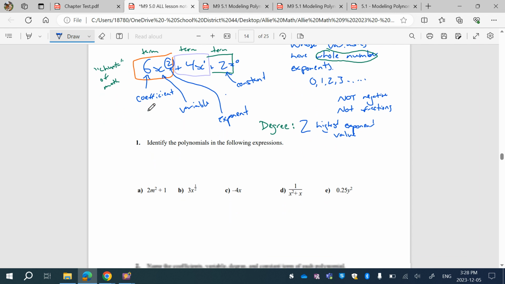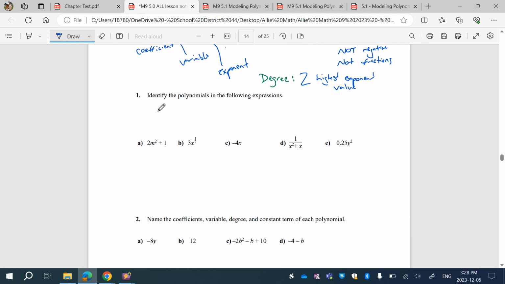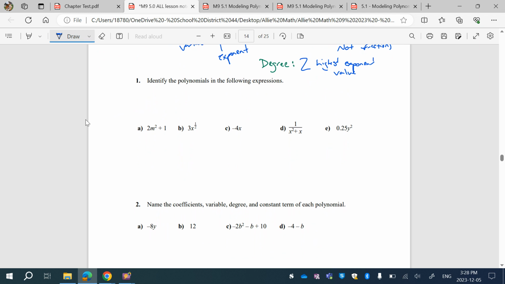And let's look at a few based on that definition. Identify the polynomials in the following expressions. I would say yes, this is a polynomial. It's got 2 terms. So this is yes.